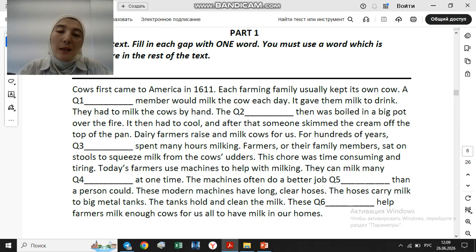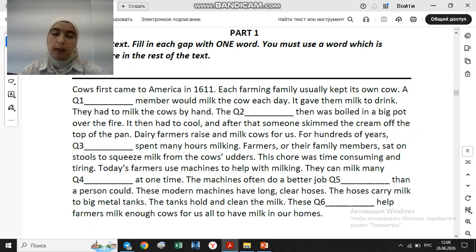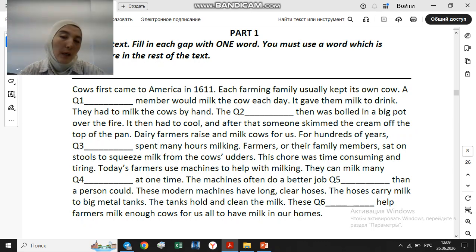So we have to find the next word for the next gap. What can be boiled in a pot over the fire? Hand, no, we need a noun here, but we can't use hand.